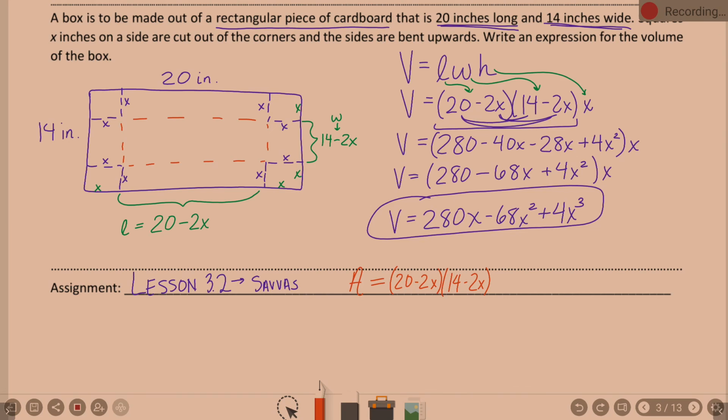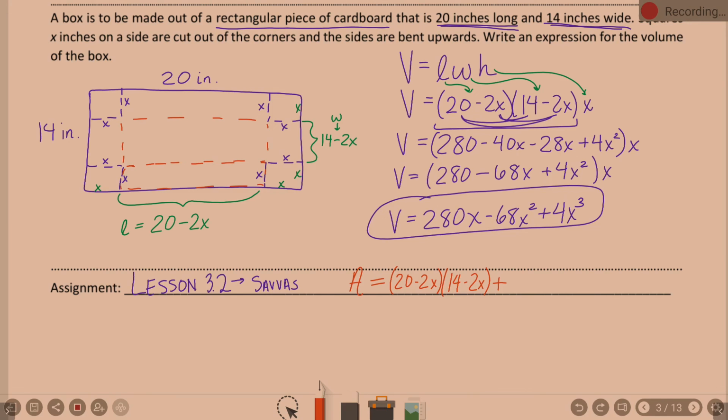Plus, because we're adding all these areas up, right? Surface area is the area of this side plus this side plus this side plus this side. Now, let's go for the long sides. What is the area of just this flap here? 20 minus 2x times x.